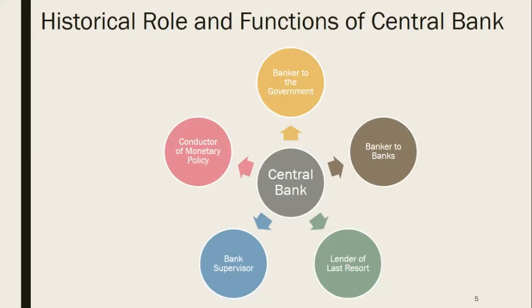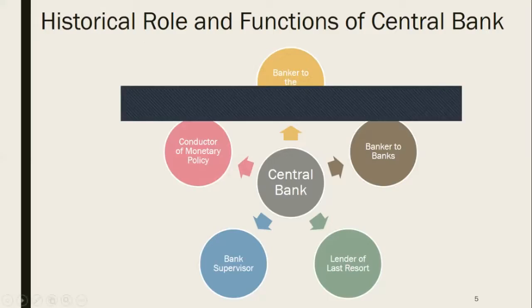All right, that is the first function, banker to government. Second one, banker to bank. So this is actually during the 19th century. During the 19th century, at that time, these bank notes issued by the central bank were widely accepted.